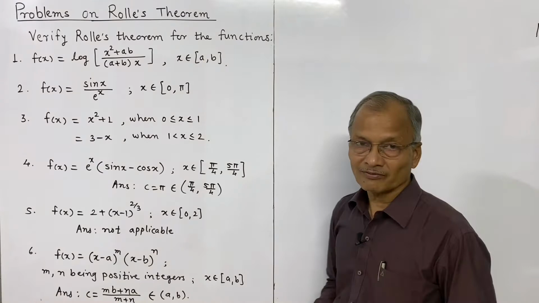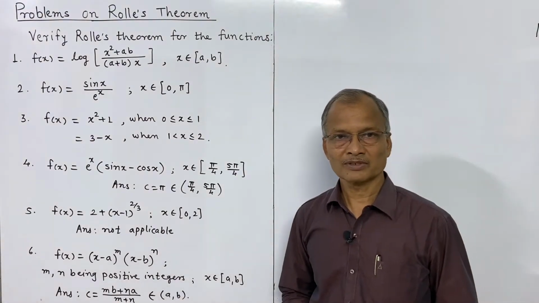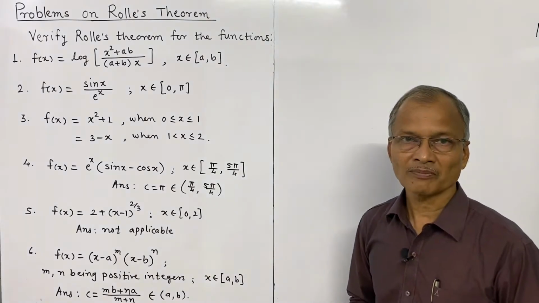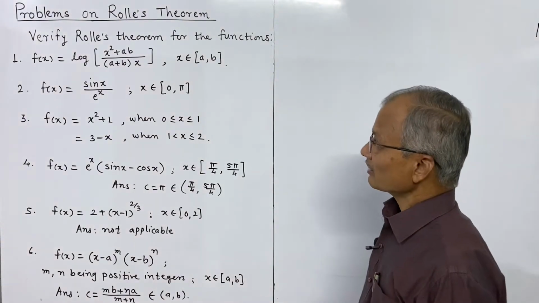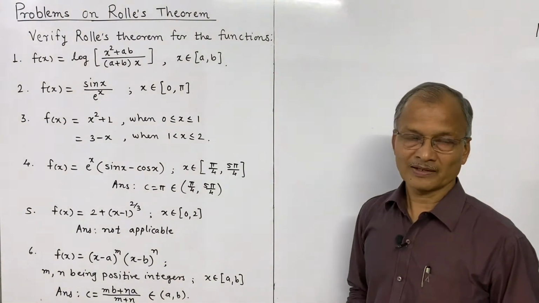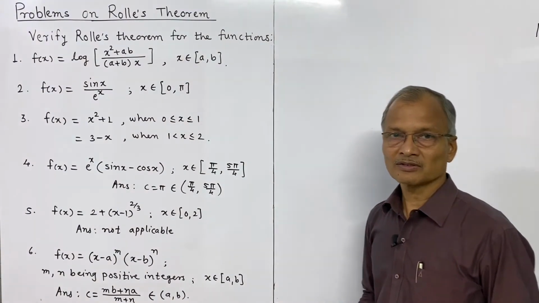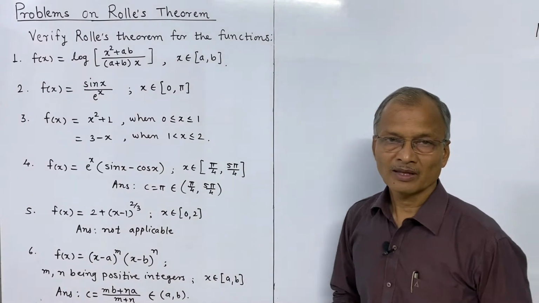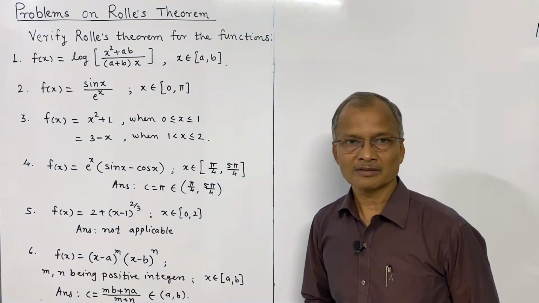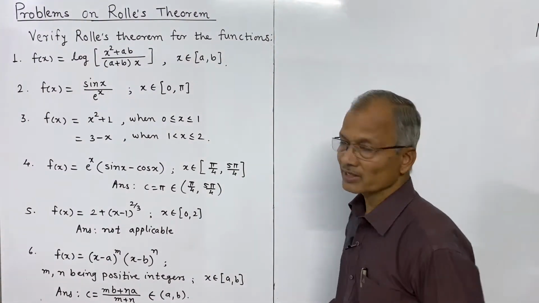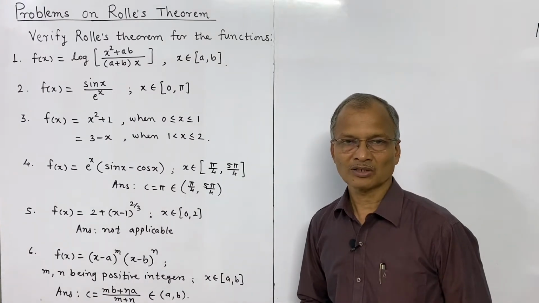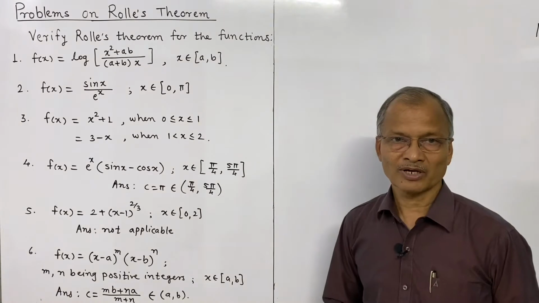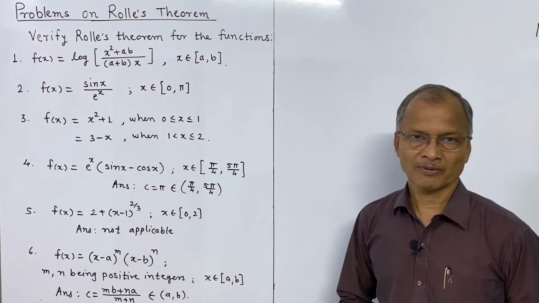In the last lecture we have studied the statement of Rolle's theorem, its proof, and also the geometrical interpretation of Rolle's theorem. Now Rolle's theorem states that if a function f of x is continuous in the closed interval a comma b, the second condition is it is differentiable on open interval a comma b, and the third condition is the values of the function at endpoints f of a is equal to f of b.